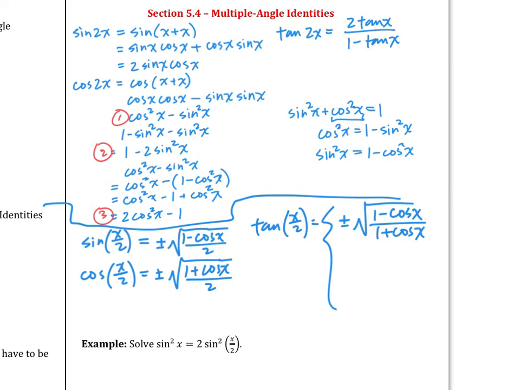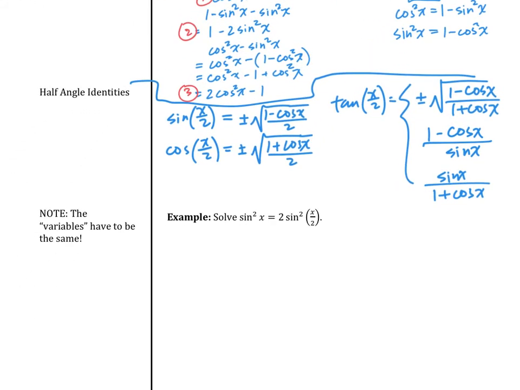So, when we solve things, I'll show you how to choose. Okay, and the other one is 1 minus cosine x over sine x. And then the last one is sine x over 1 plus cosine x.